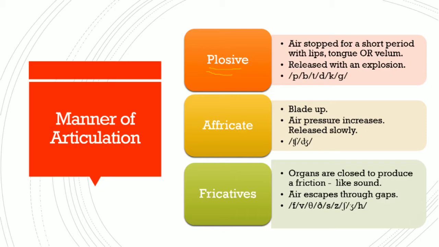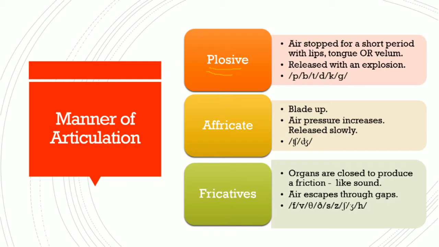When you produce a plosive consonant, the air pressure increases behind the closure of your lips, for example, or the tip of your tongue at the alveolar ridge, and then it's released as an explosion. So the air is stopped for a short period with your lips, tongue, or velum, and it is called plosive because the air goes out as an explosion.